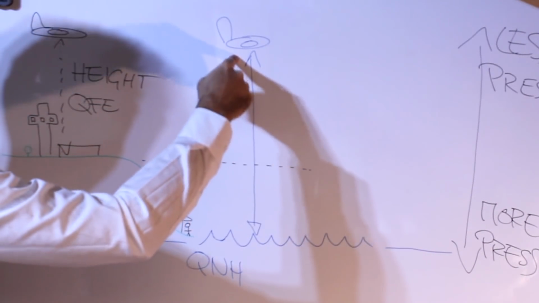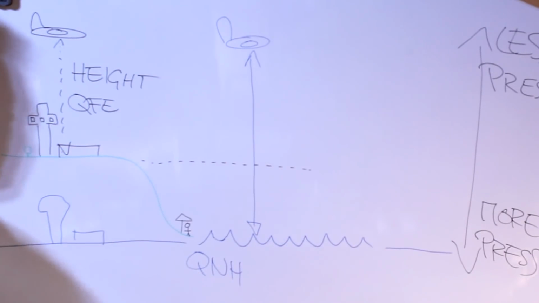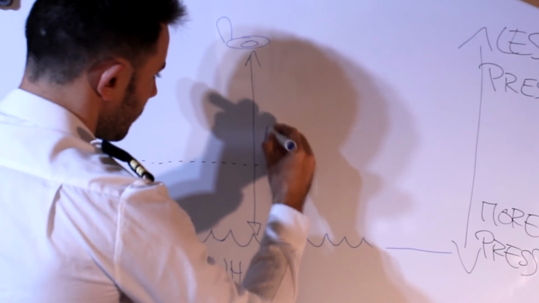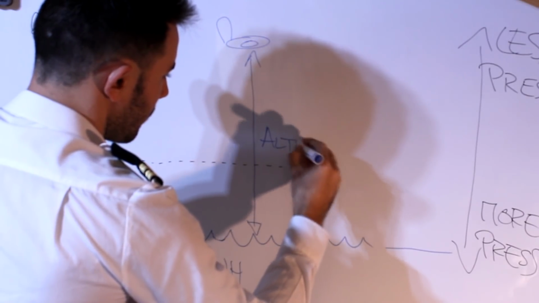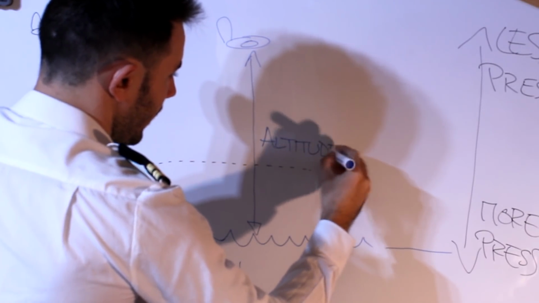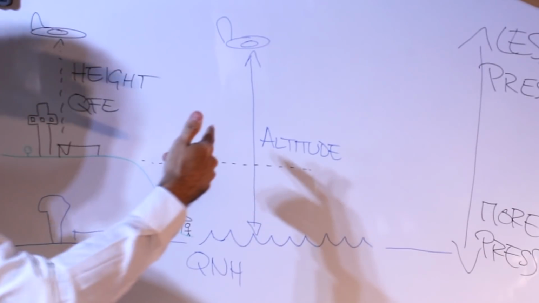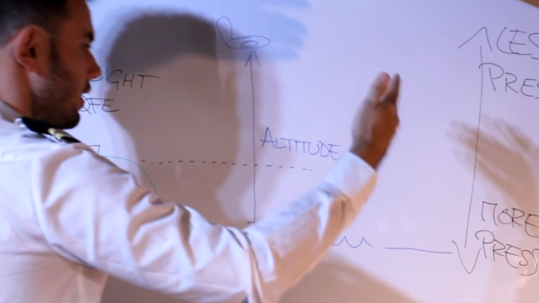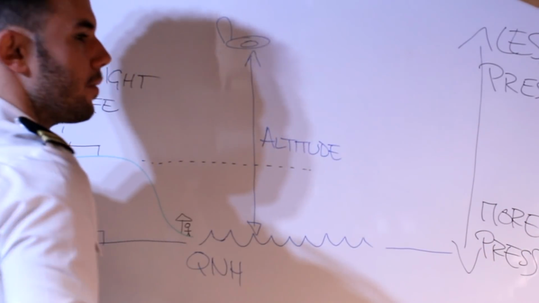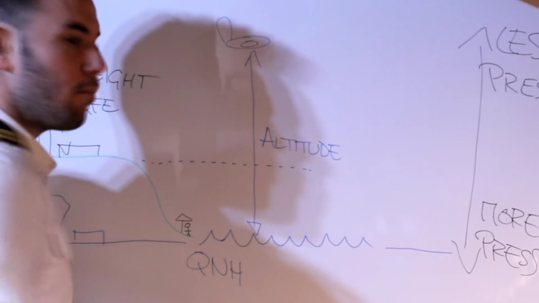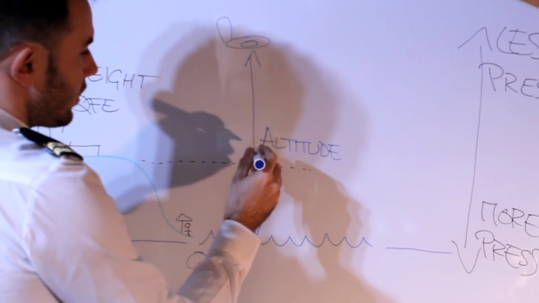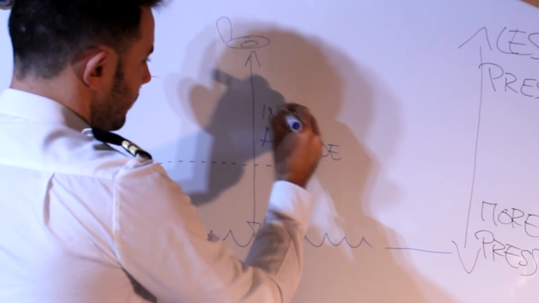And this distance from the aircraft to mean sea level is called altitude. And altitude is the difference between any point in the sky down to the mean sea level. And more correctly, this is called indicated altitude.